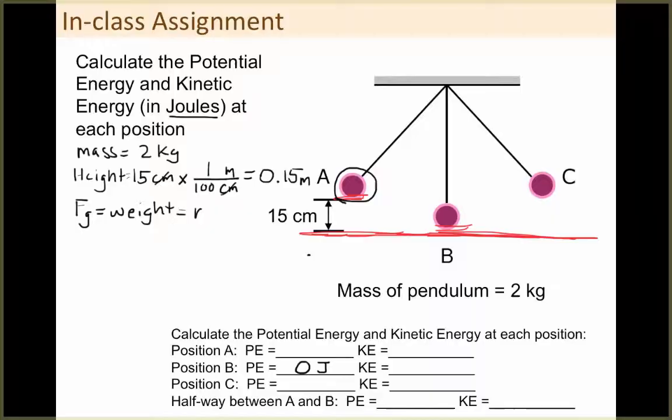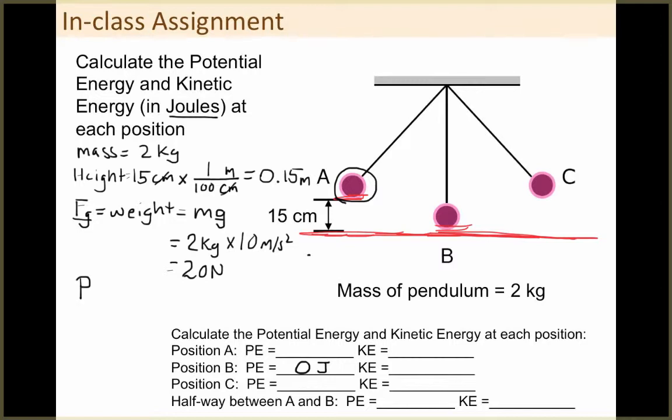That is equal to the mass times the acceleration due to gravity. So the weight of this pendulum is 2 kilograms times the acceleration due to gravity, approximately 10 meters per second squared. So we get approximately 20 newtons for the weight.